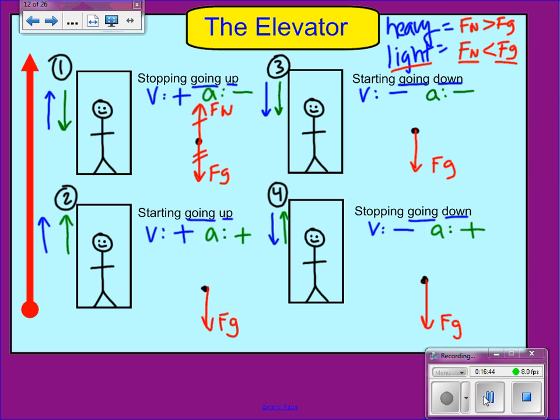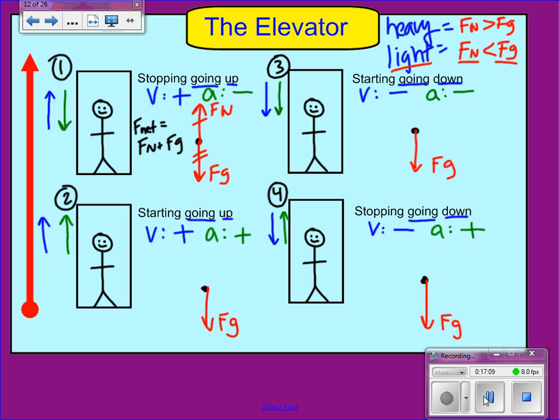Now, there's a physics way to actually solve this problem. If you're not doing well with the conceptual stuff, and you're like, I don't really know how I feel on an elevator, that's confusing to me, don't worry, there's a physics way behind this. We're going to use Newton's second law to help us figure this out. Remember, Newton's second law is looking at the net forces acting on an object. In this case, the net force is your force normal plus your force gravity.